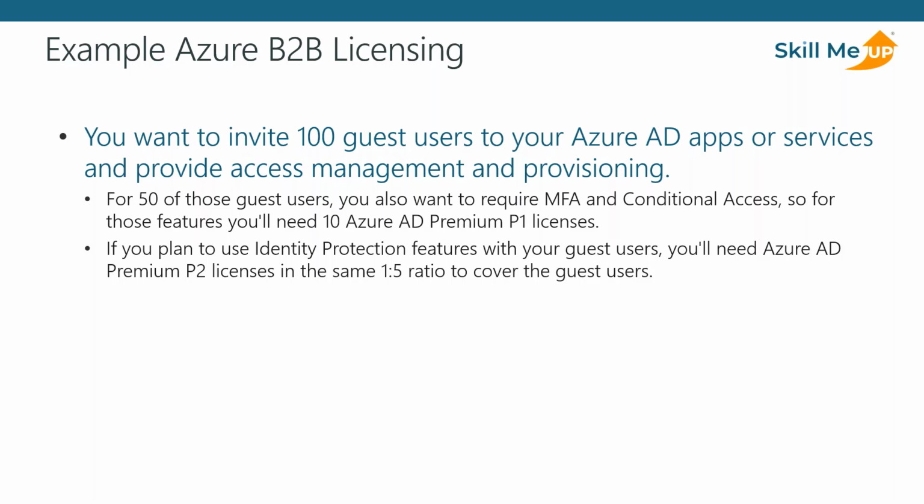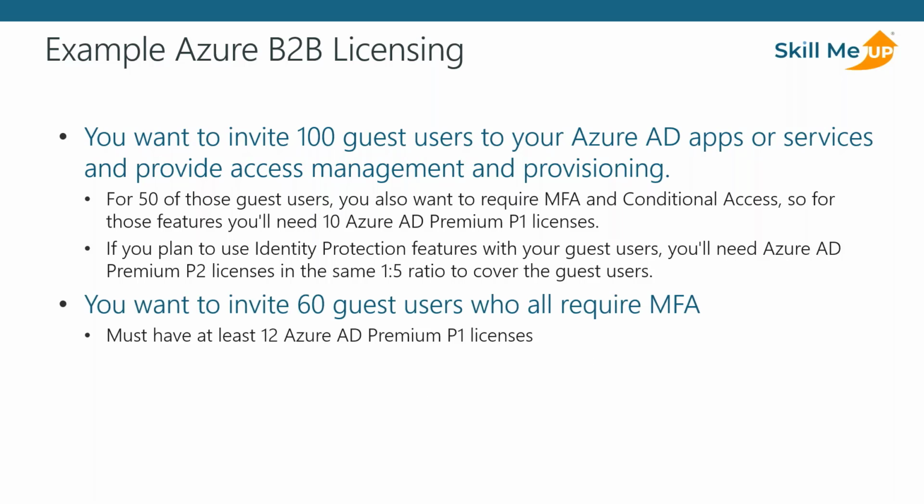So for those features, you'll need 10 Azure AD Premium P1 licenses. So think of the ratio 1:5. I want 50 of them to have MFA and conditional access, so I just need 10 of those, times 5 gives me 50. Then if you wish to use identity protection features with the guest users, you'll then need Azure AD P2 licenses at that same ratio.